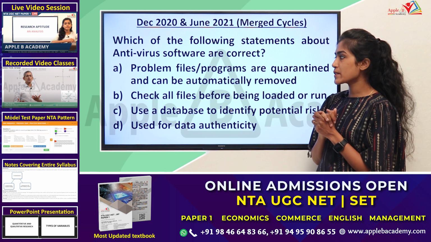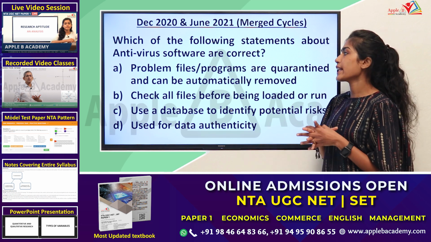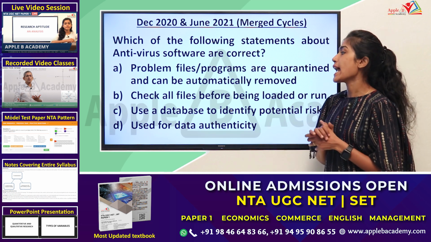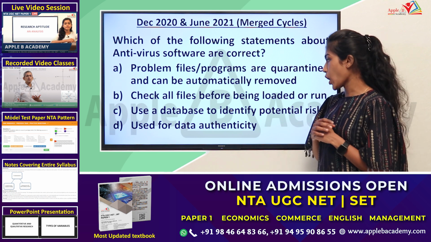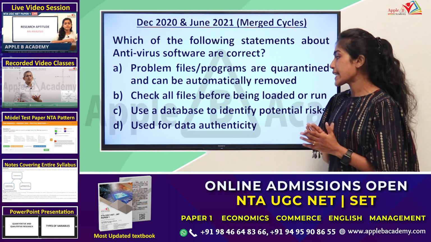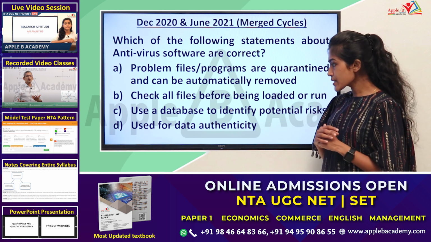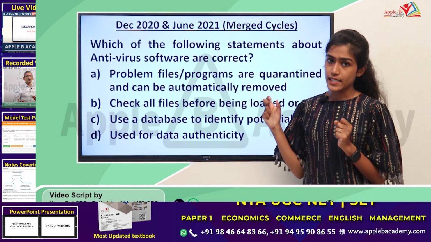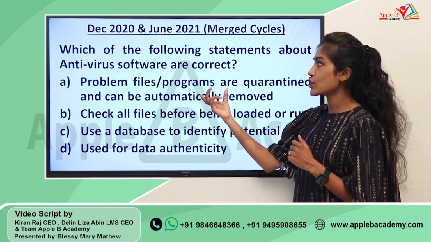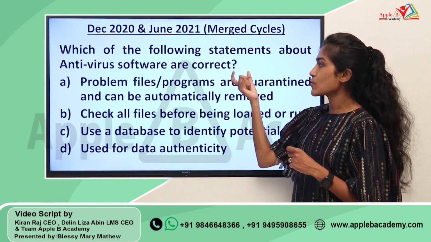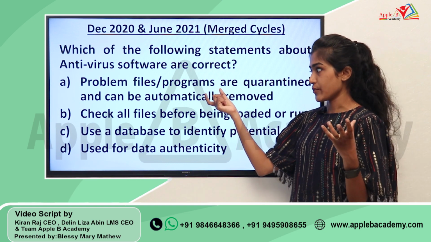If you consider the options here: problem files or programs are quarantined and can be automatically removed; check all files before being loaded or run; use a database to identify potential risk; use for data authenticity. We can say that option A is a right answer for this statement about antivirus software, right?